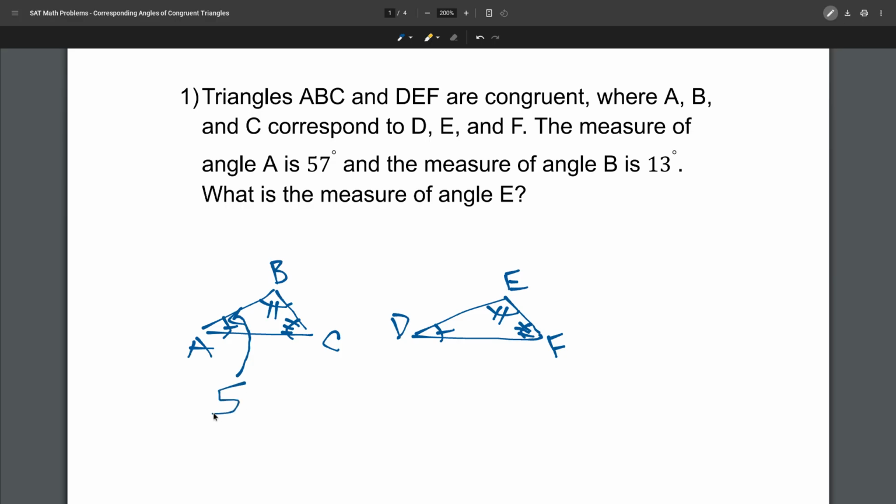So this here is 57 degrees. The measure of angle B is 13 degrees. And they want to find the measure of angle E. Well, B is congruent to E, so the measure of angle E is going to equal the measure of angle B, so it's going to equal 13 degrees.